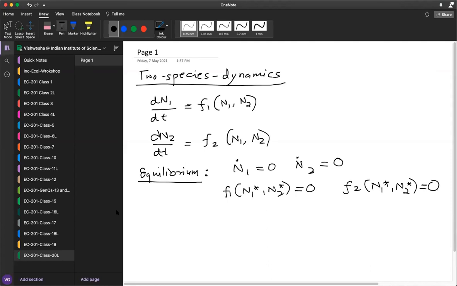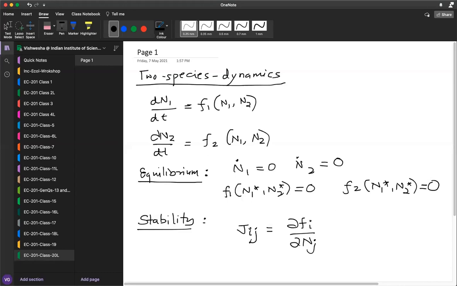And then we can look for stability. We can analyze the stability by looking at what's called the Jacobian matrix J, whose ij-th element is given by: you take species i, which could be 1 or 2 in this case, and species j's abundance, and you calculate this partial derivative.